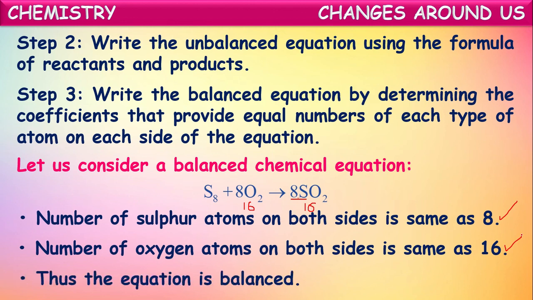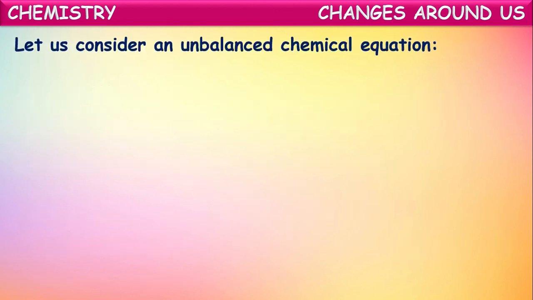Now let us consider one unbalanced equation. Observe this equation. Nitrogen and hydrogen they are combining to form ammonia. Is it a balanced equation? How do we say that it is balanced or unbalanced? If the number of atoms of all the elements are equal on both the sides of the equation, then it is said to be balanced.